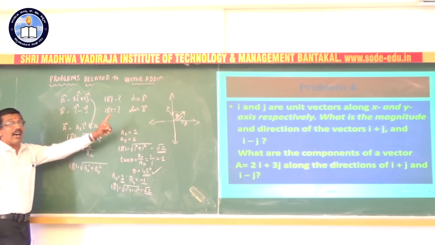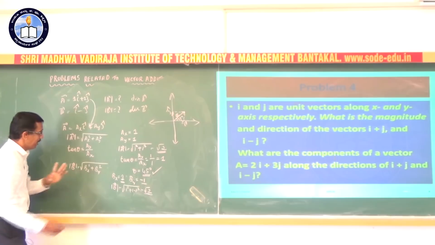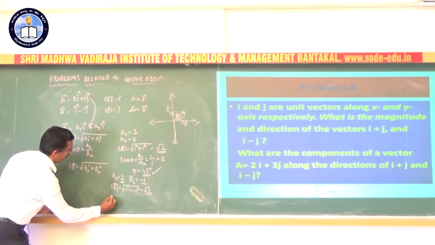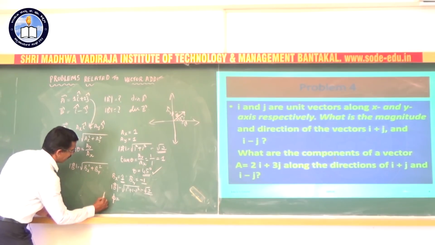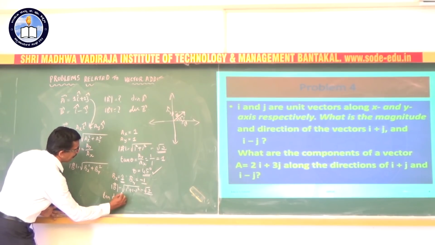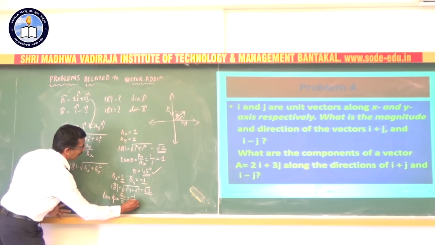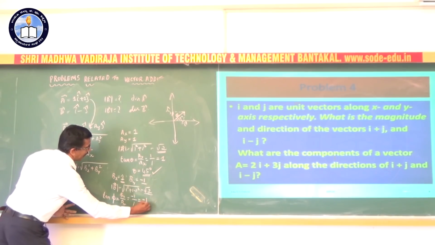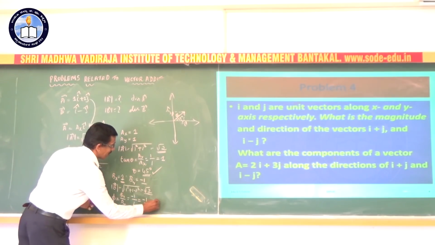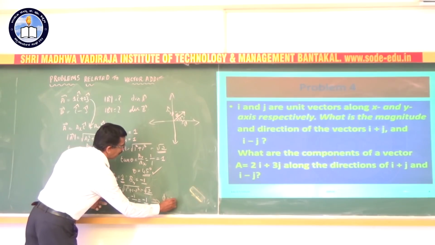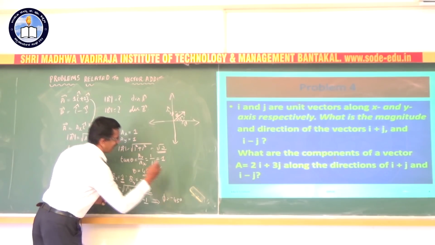The magnitude is the same as that of i plus j. But for direction, say I take the angle as phi. Tan phi is equal to By by Bx, that is minus 1 by 1, minus 1. Tan phi is minus 1 implies phi is equal to minus 45 degree.